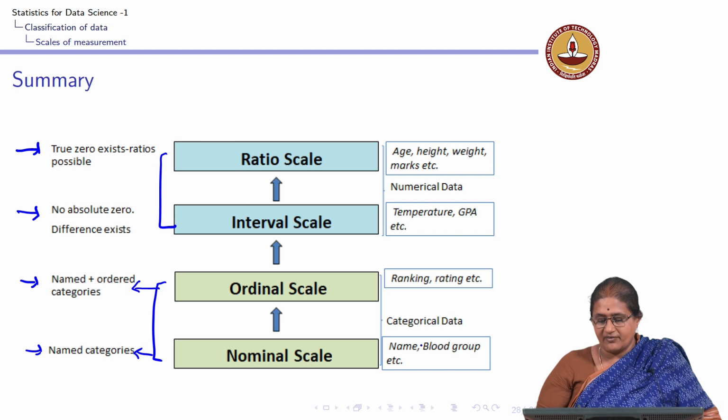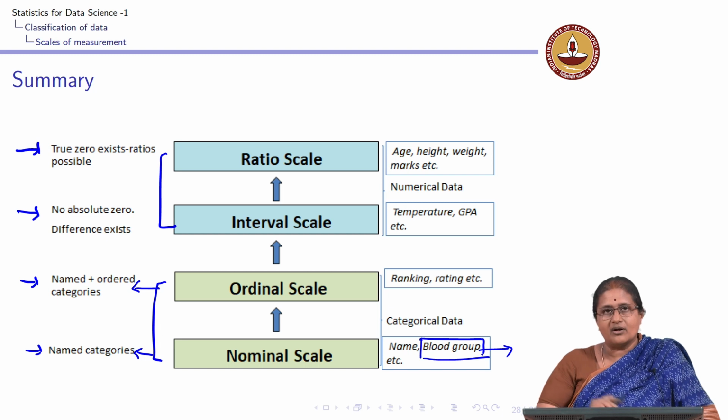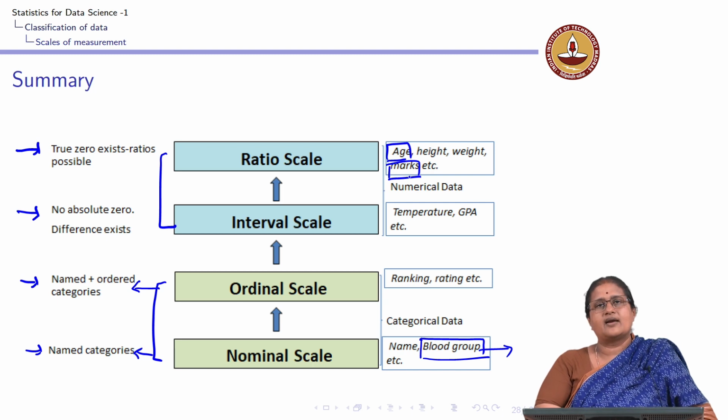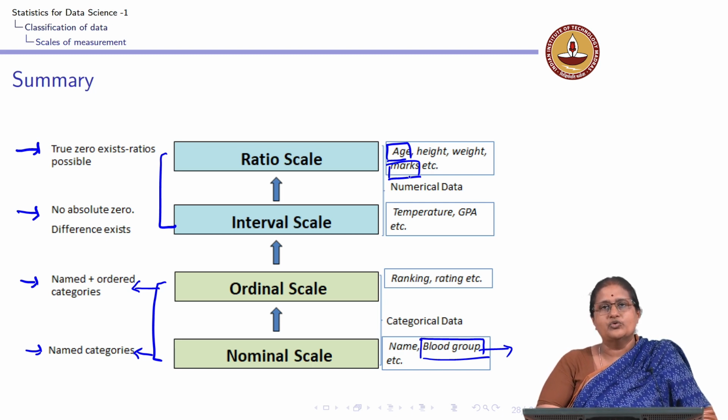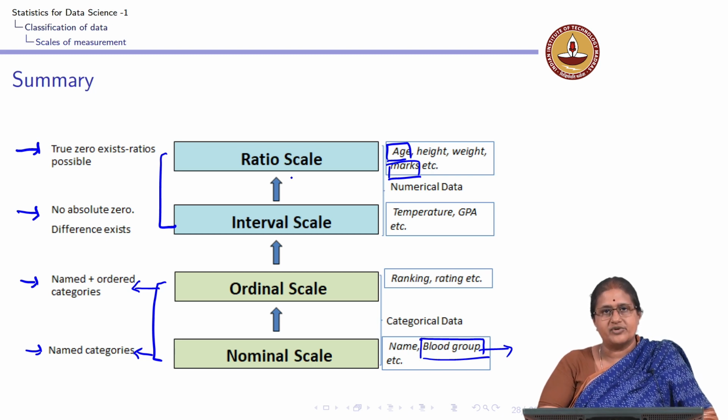For example, when I have a variable which is a blood group, I would not ask what is the average blood group, because I cannot define any arithmetic operation here. But when I am talking about age or marks, I can ask about some numerical summaries depending on the scale of measurement.